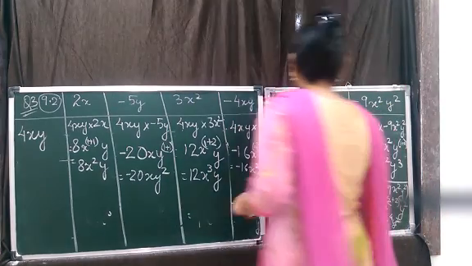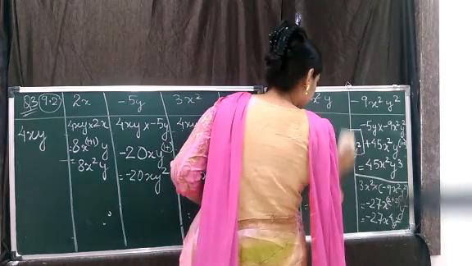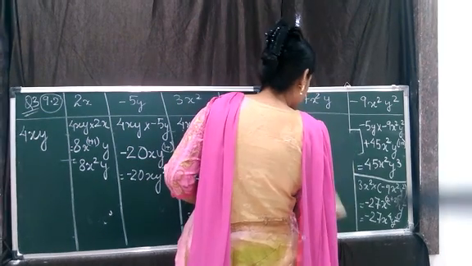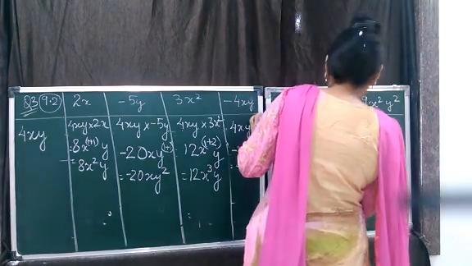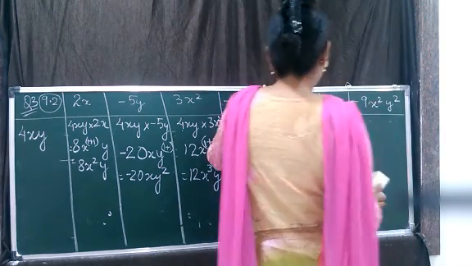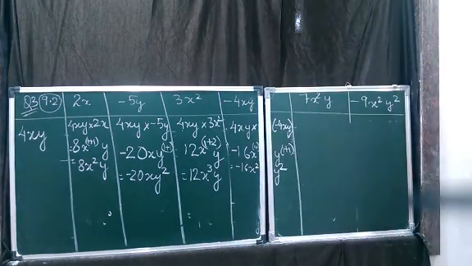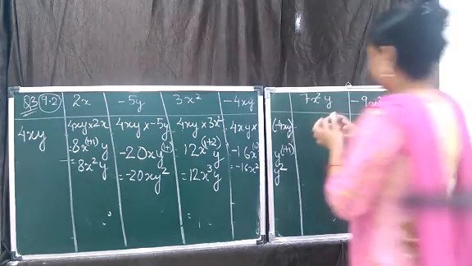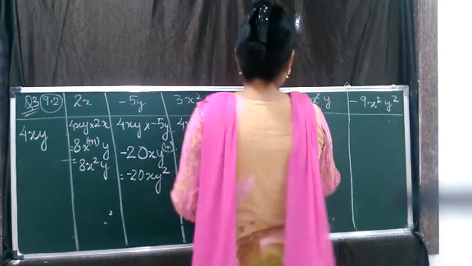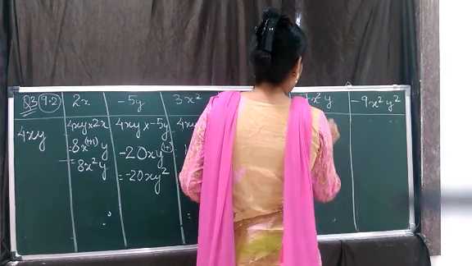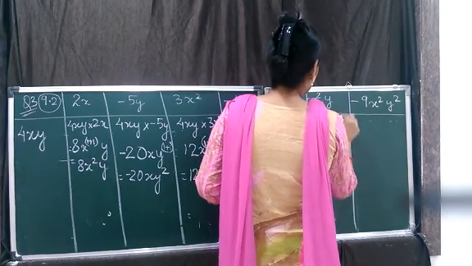Then we go to the next sum. Lot of calculation in this question, children. Here, 4xy into 7x squared y.